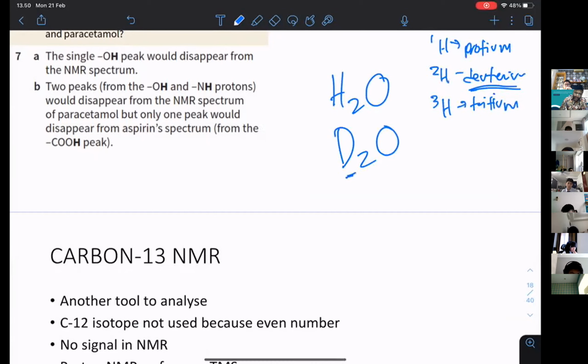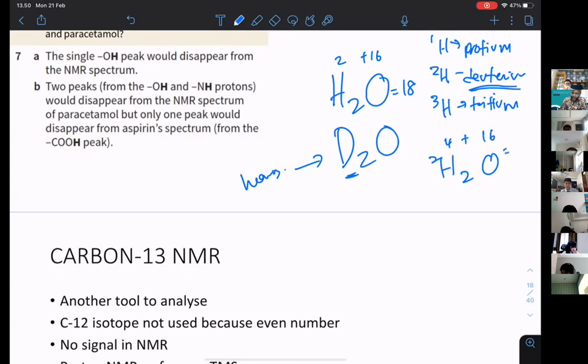Heavy water is H2O, but the hydrogen is going to be hydrogen 2, not hydrogen 1. So water normally is 2 plus 16, which is 18. But heavy water is going to be 4 plus 16, which is 20. They are heavier. That is what heavy water is.